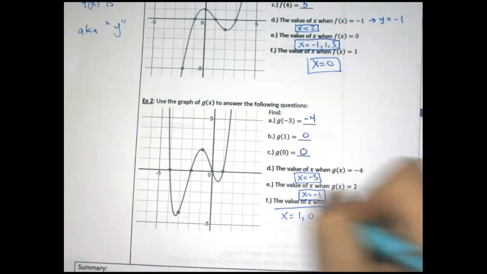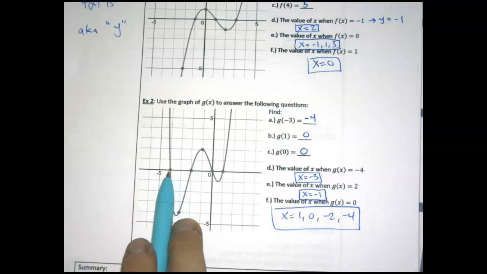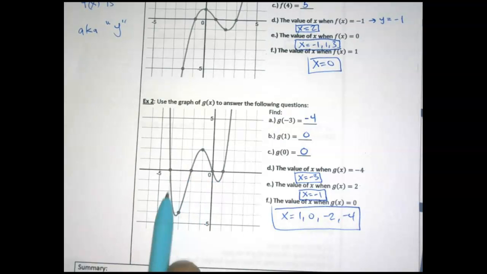So x has multiple values. Look at all these points where the graph crosses the x-axis. X has multiple values where y equals 0, or where g of x equals 0. So all those values are good.